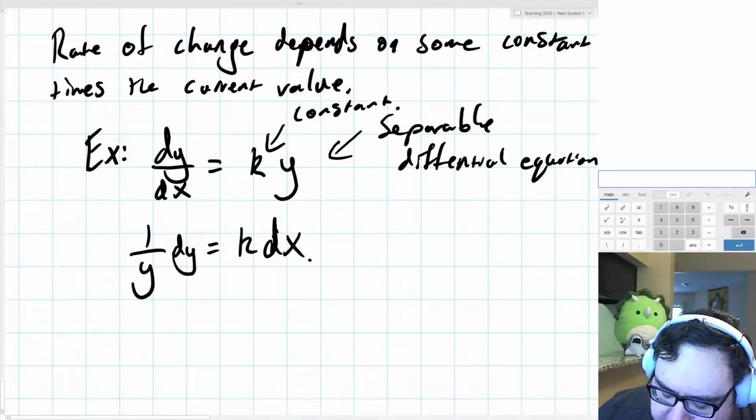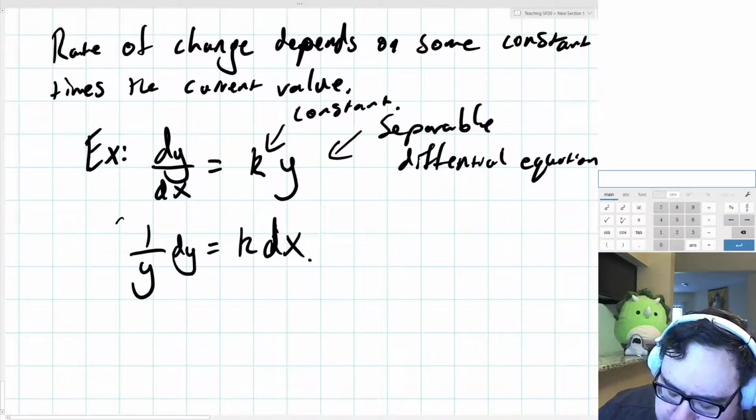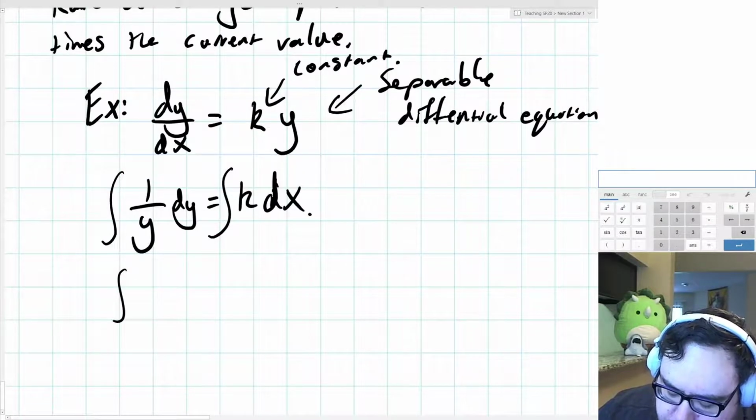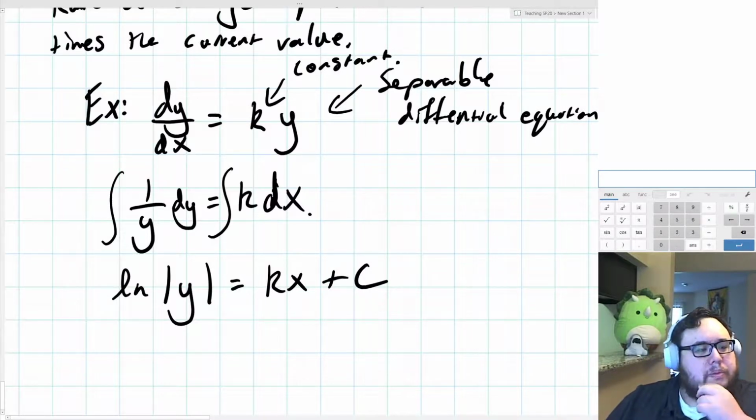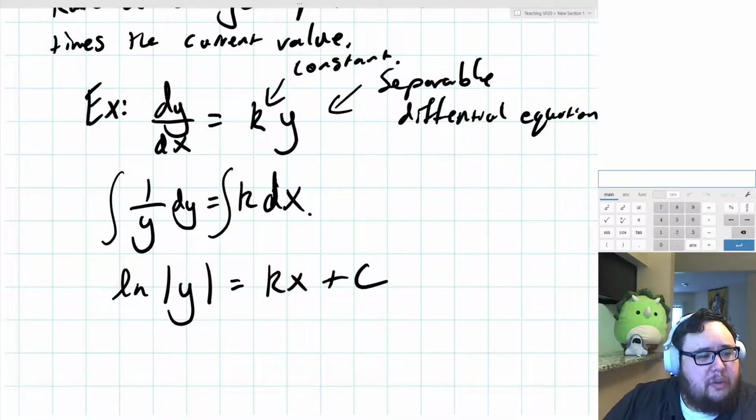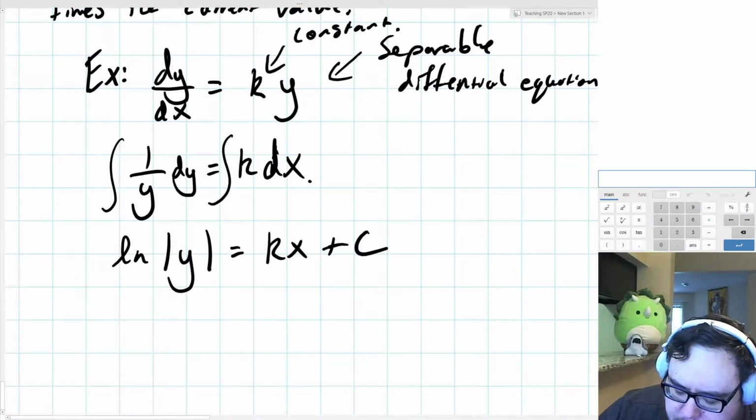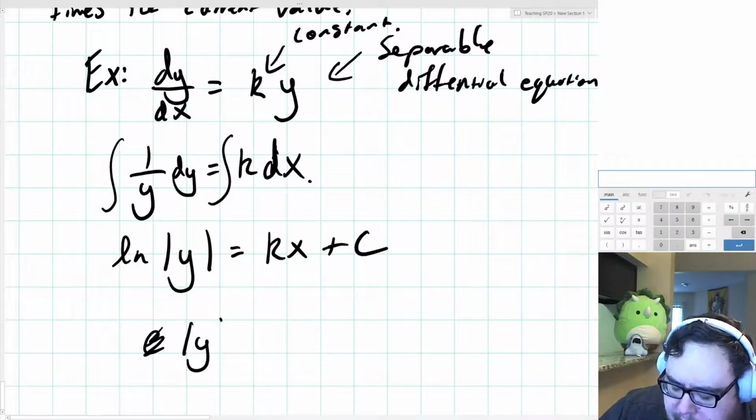Which means that after we integrate both sides, ln of the absolute value of y is equal to kx plus a constant. And then this one ends up solving basically the same way that we solved our very first differential equation with e to the x. We'll do e to the power of both sides. We get the absolute value of y is equal to e to the kx plus a constant, right?